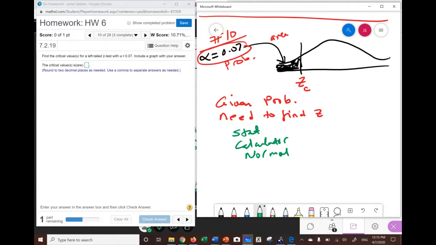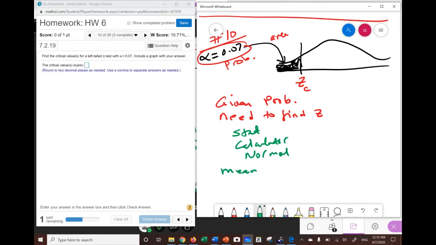Notice that it is a left tail. So the probability is 0.07.